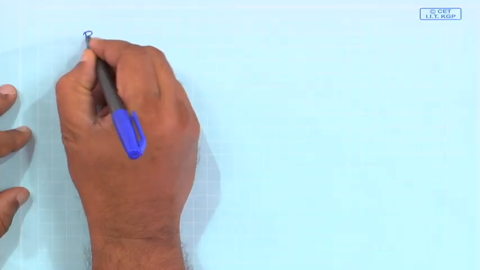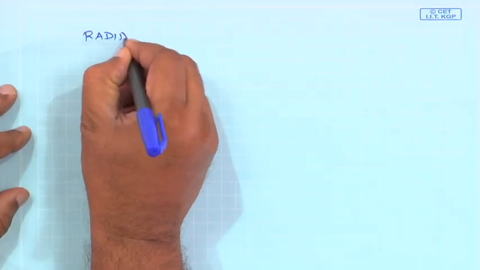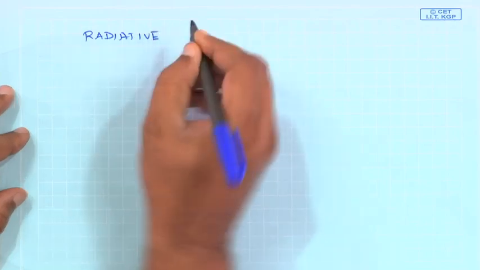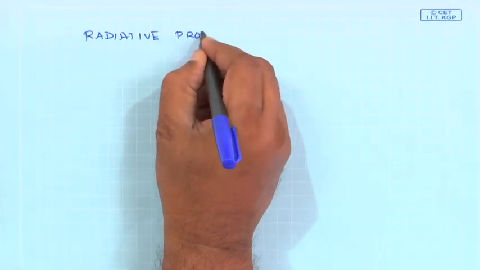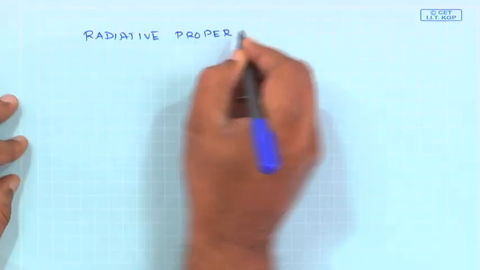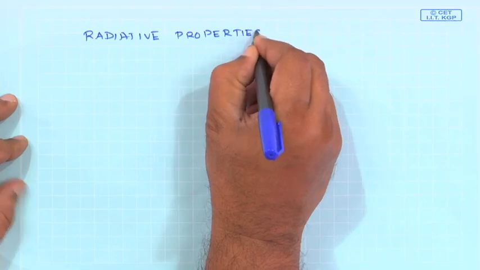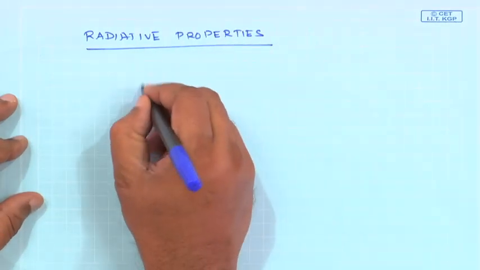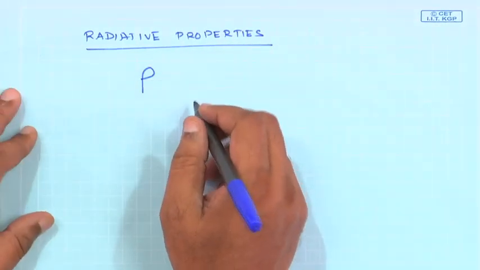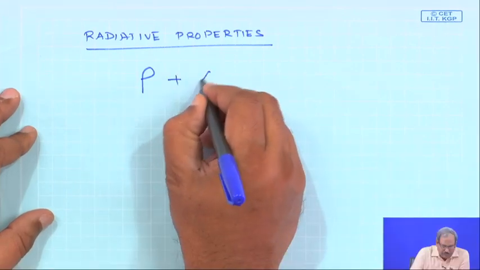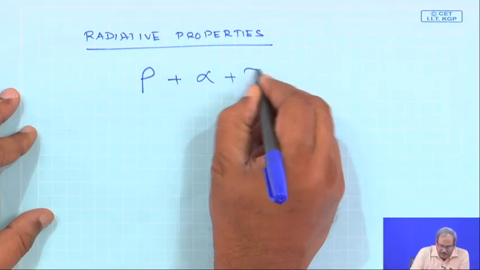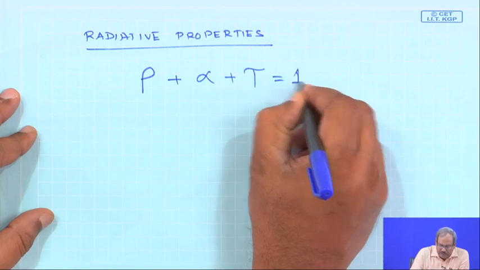So, if I define the radiative properties, this is the reflectivity, plus absorptivity, plus transmittivity, is equal to 1.